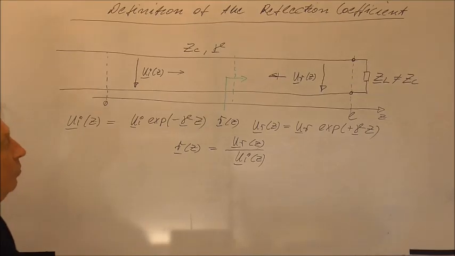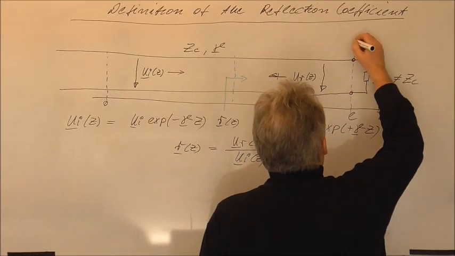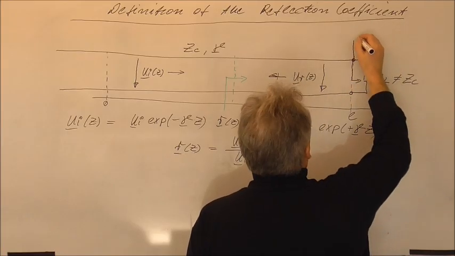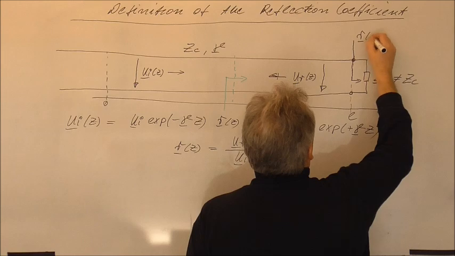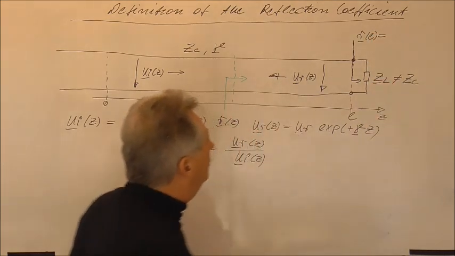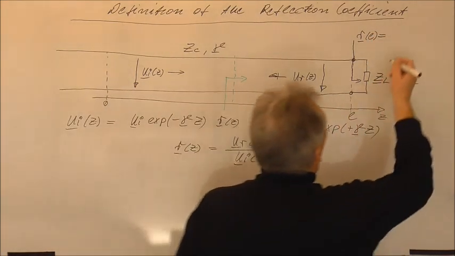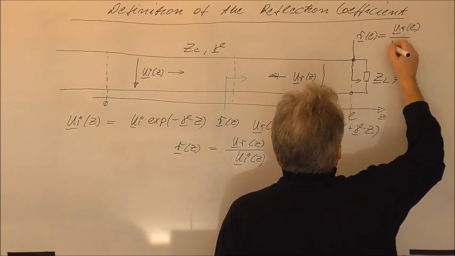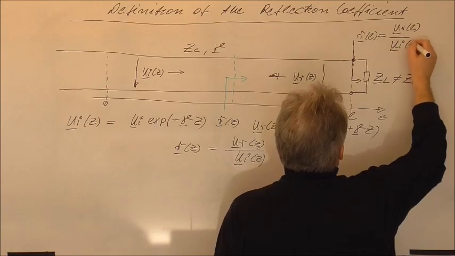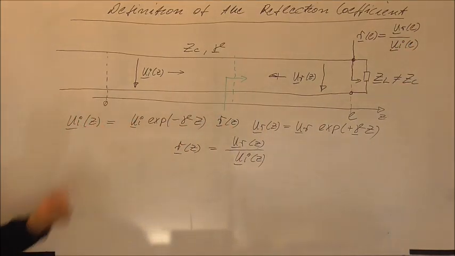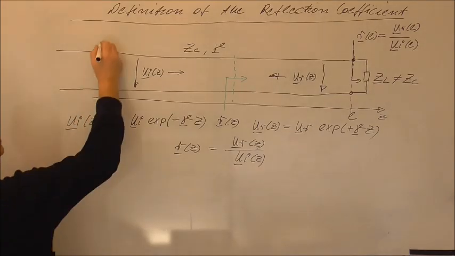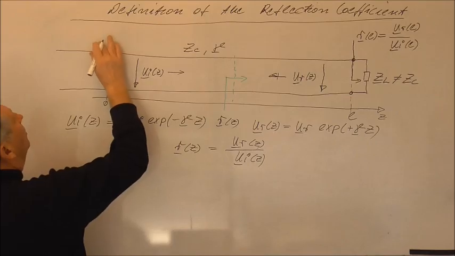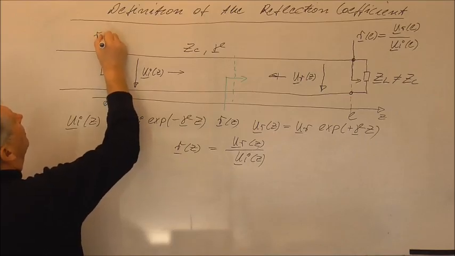We can conclude then, for example, this to be the load reflection coefficient R of L, which then will be the voltage UR of L divided by UE of L. And the same we can define here for z equal to 0. We will call it the input reflection coefficient, R in.